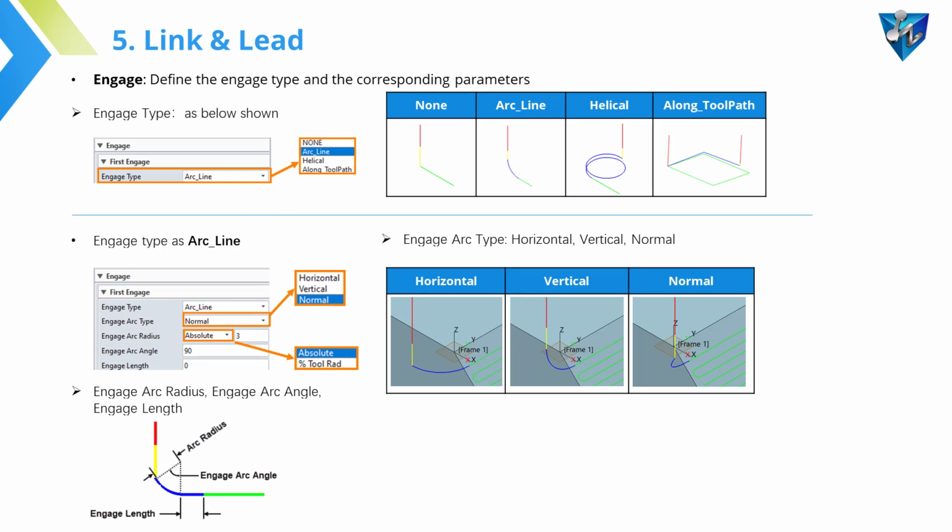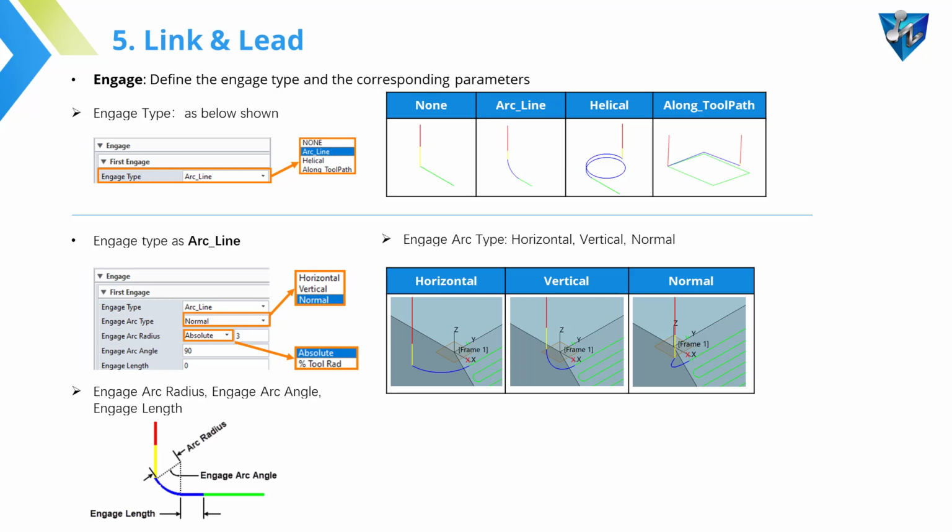Then are the engage parameters. The default color of the engage toolpath is blue. It's used to define the engage type and the corresponding parameters. It has 4 engage types: none, arc line, helical, and along toolpath. None means there is no engage toolpath, only rapid, plunge, then connected to the cut directly.